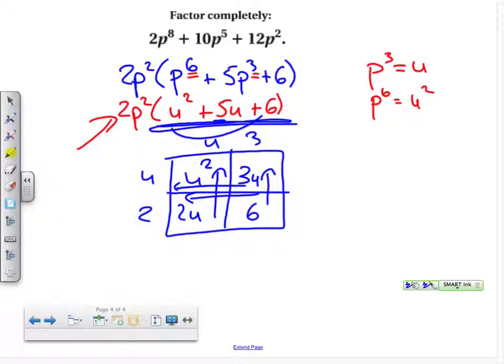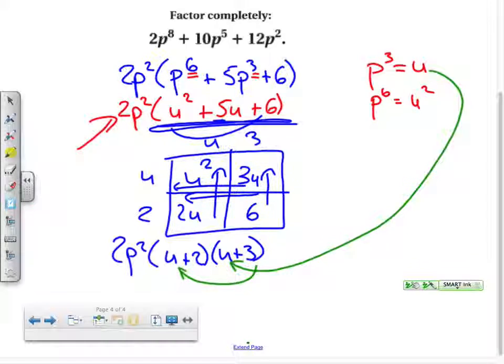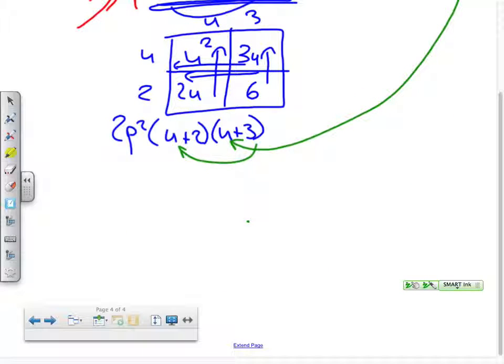So my factored form is 2p squared, u plus 2, u plus 3, and then I'm going to put my p's back in. We'll get 2p squared times p cubed plus 2 and p cubed plus 3.